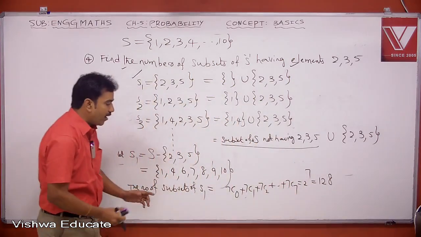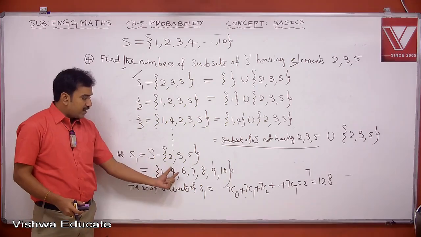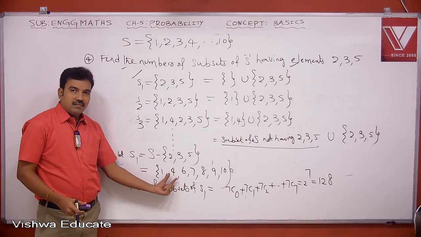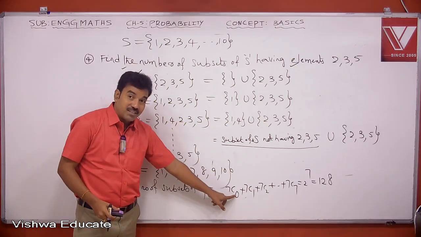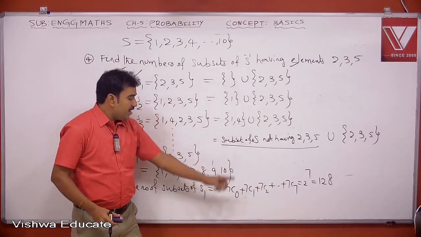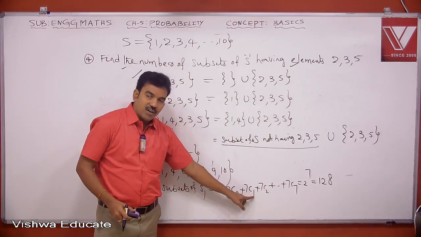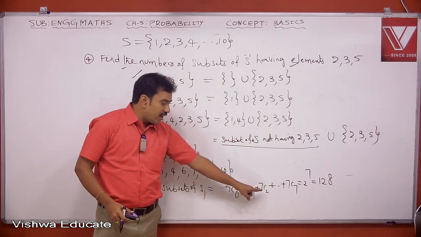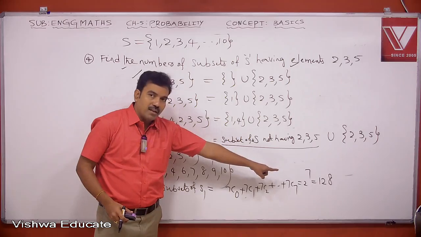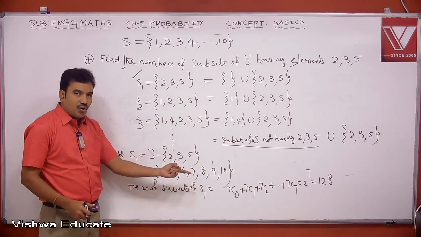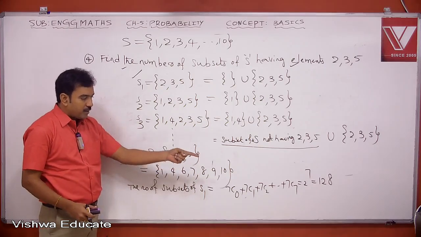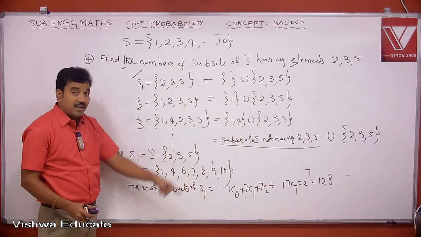I will tell you how I got this. When you look at 7 elements, a subset may have 0 elements, that is the empty set. A subset may contain exactly 1 element, or 2 elements, or a maximum of 7 elements. Therefore the total number of subsets of S1 is 7C0 plus 7C1 plus 7C2 and so on plus 7C7, that is 2 power 7.